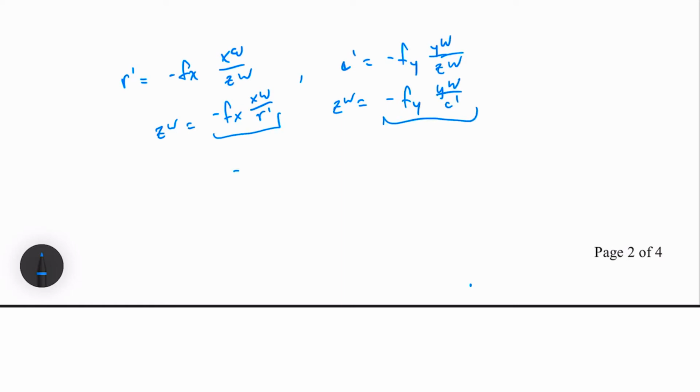We get negative fx x world over r prime is equal to negative fy y world over c prime. Then we can cross multiply here, and we get that c prime fx x world is equal to r prime fy y world.